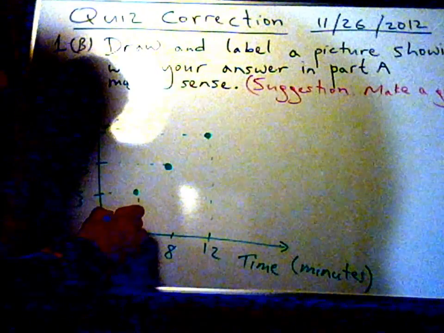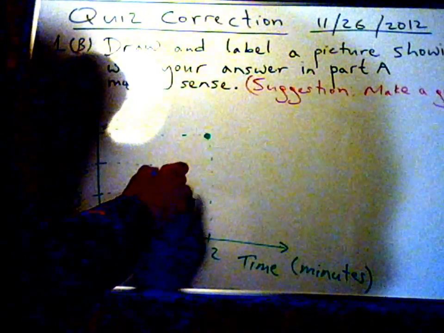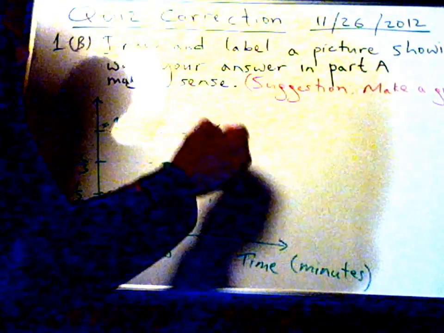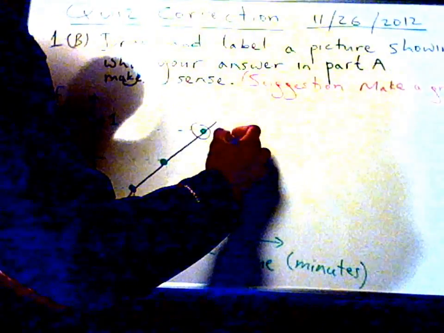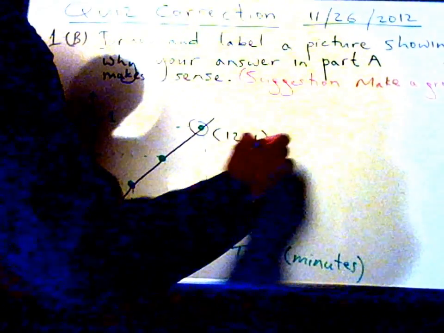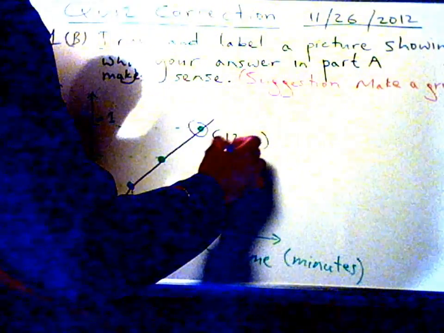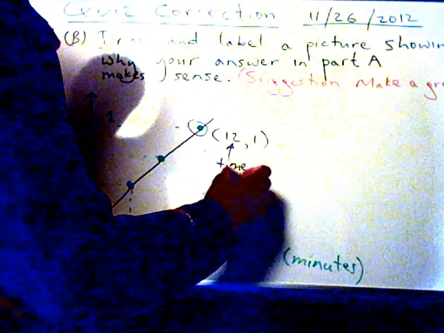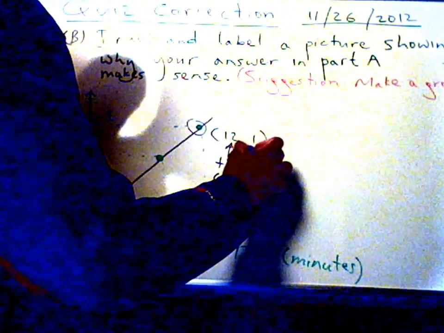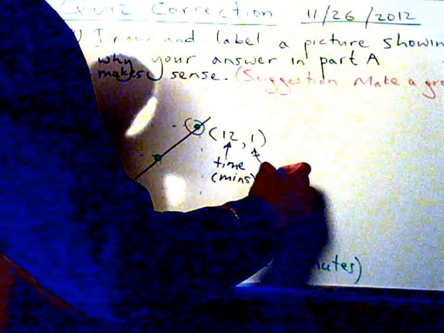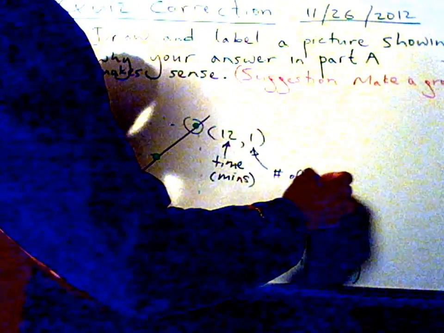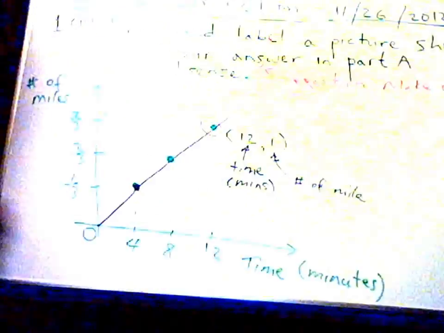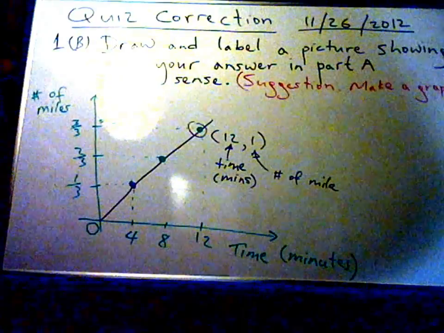Alright, and here we go. So I draw a straight line. And this is the point that concerns us. This point is 12, 1, where this is the time in minutes, and this is the number of miles.